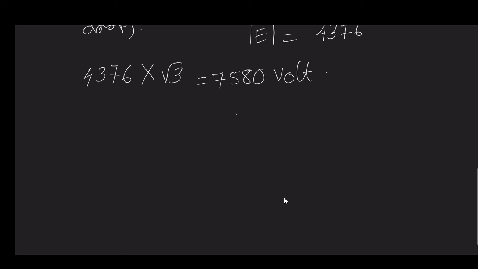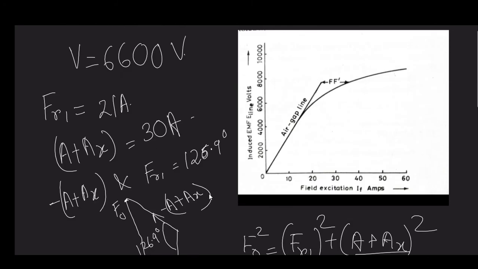Now we have to figure out the corresponding current for 7580 volt. So the corresponding current for which we can expect 7580 volt, 7580 means somewhere here.